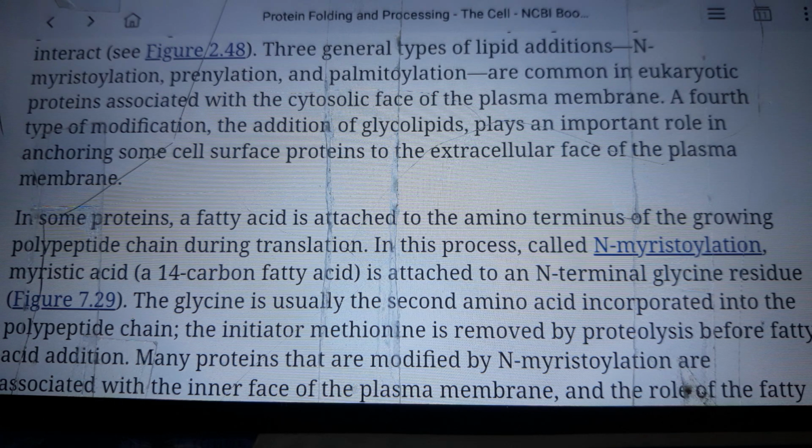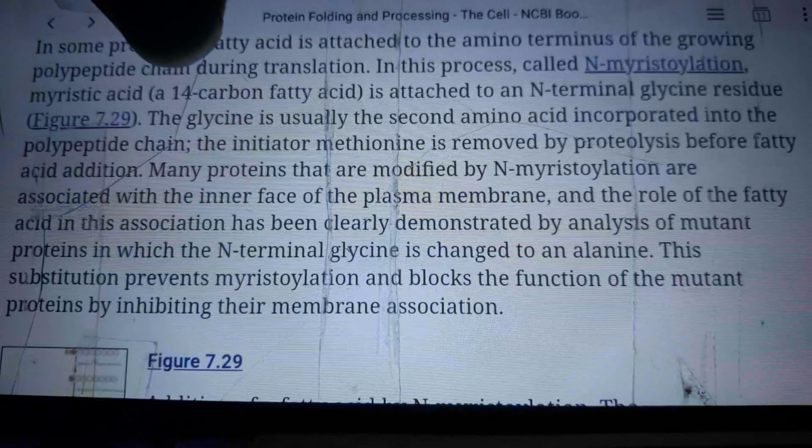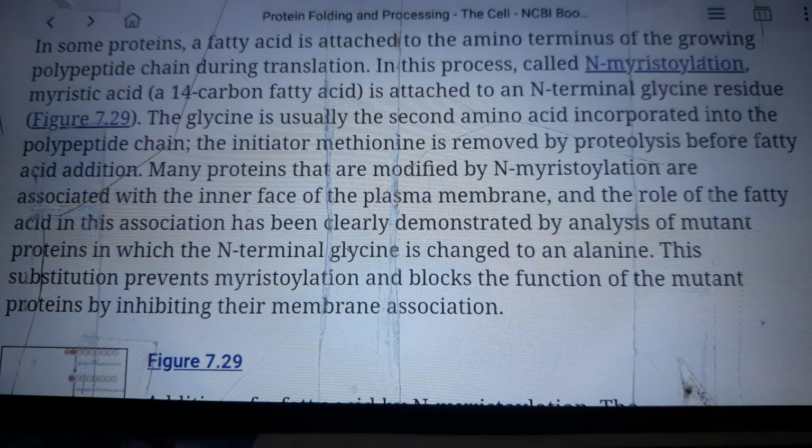A fourth type of modification, the addition of glycolipids, plays an important role in anchoring some cell surface proteins to the extracellular phase of the plasma membrane. In some proteins, a fatty acid is attached to the amino terminus of the growing polypeptide chain during translation.